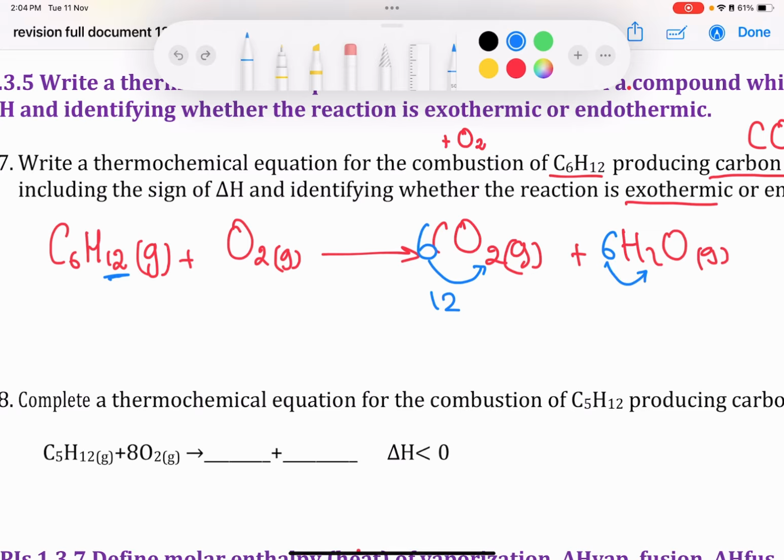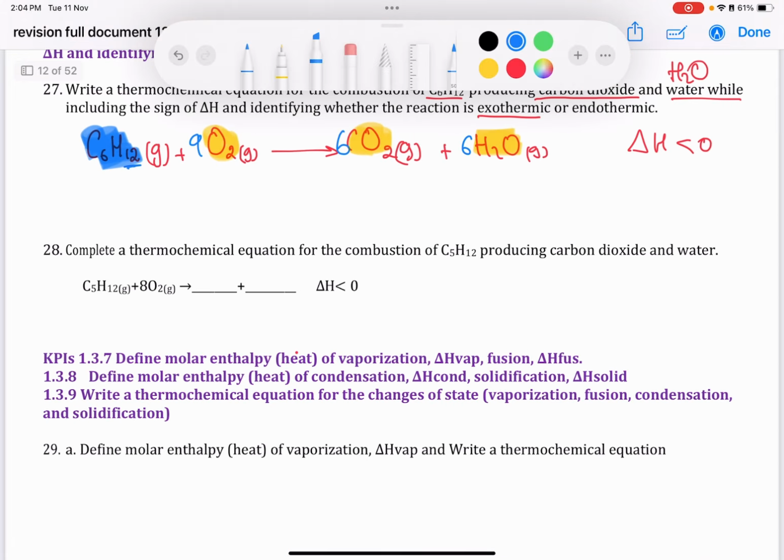Therefore, I have a total of 18 oxygens. So, I'll put 9 here because 9 times 2 equals 18. Just for your information, in a combustion reaction, O2 as a reactant, and CO2 and H2O as products are always fixed. We always get them. What changes is the given formula in the question, whatever they give you.